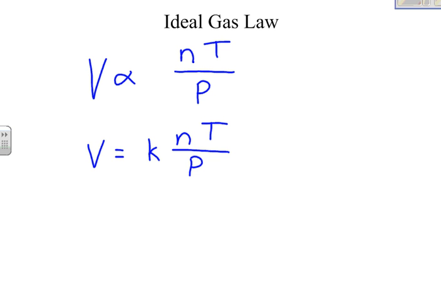If we use particular units, we can get a value for K. K ends up being given a special symbol R. The value for R, if we use the appropriate units of liters for volume, moles for n, Kelvin for temperature, and atmospheres for pressure, is 0.08206.